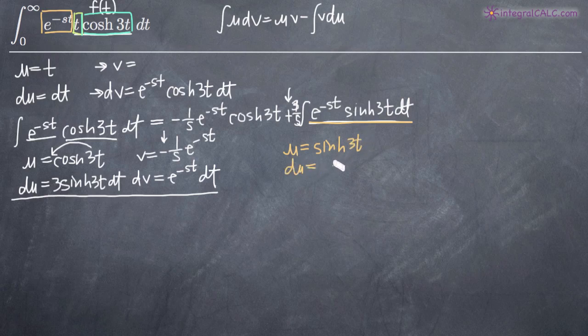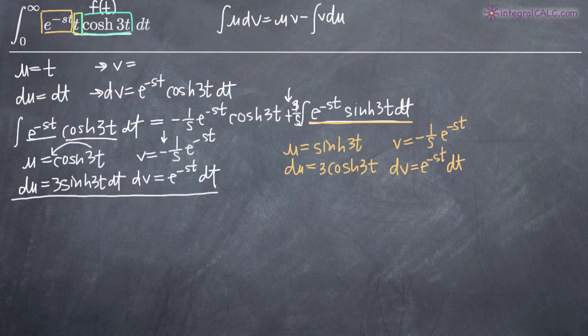We'll take the derivative to get du, and we'll get 3 cosh 3t. And then dv is going to be equal to the other part of our integral, so e to the negative st dt. And then the integral v will get negative 1 over s times e to the negative st.